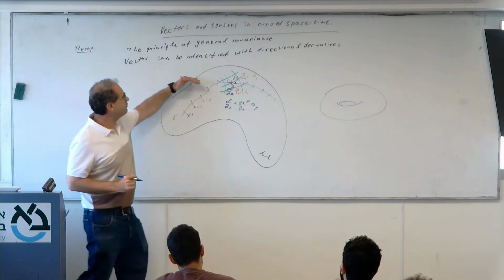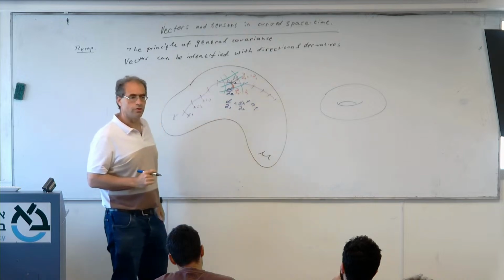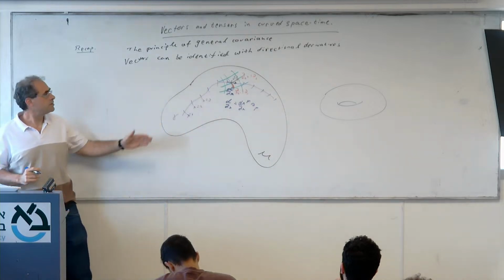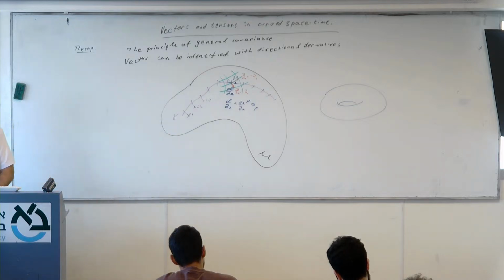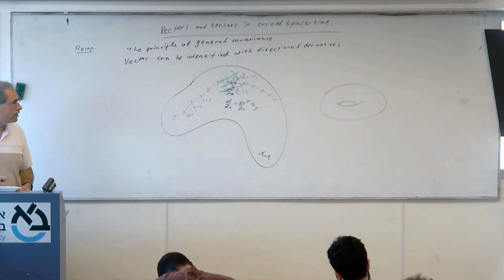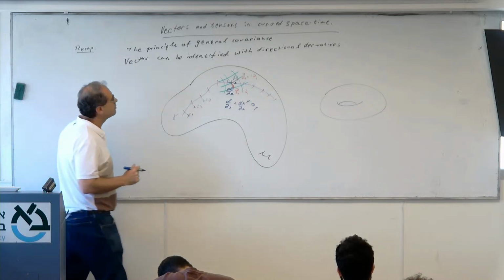And of course, there's an infinite number of curves that go through this point P. This is just one basis that I selected. Of course, I can select any other basis. So this is known as the coordinate basis. Right, what I just plotted.